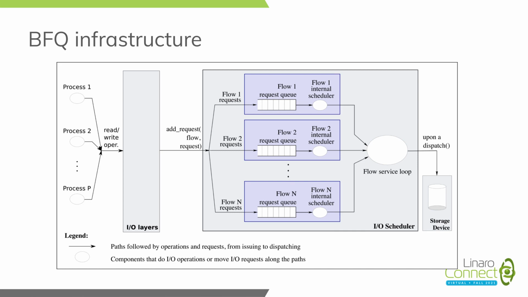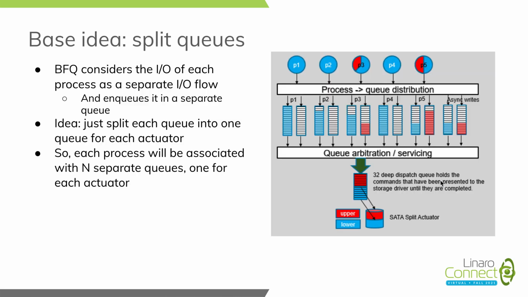So basically each flow has its own queue inside BFQ. This queue is for the flow associated with the process, and from that queue requests will be removed and then dispatched to the storage device.